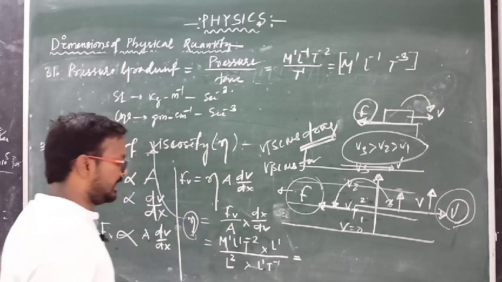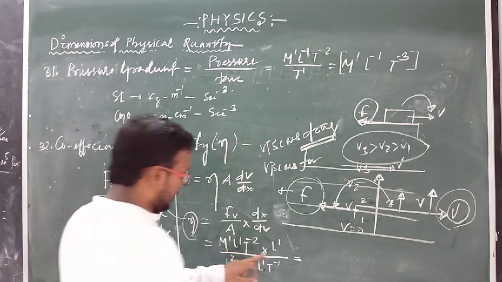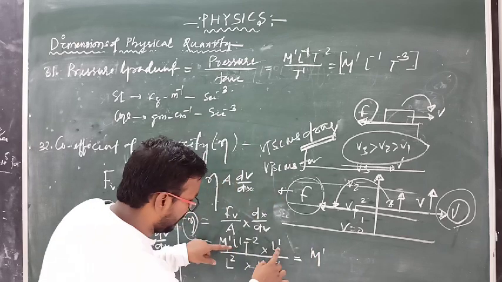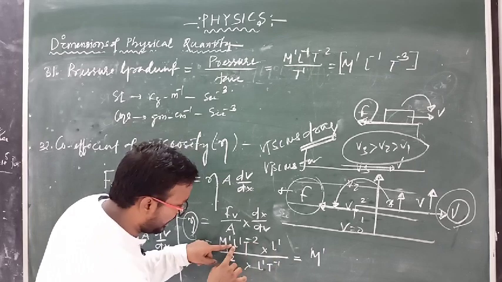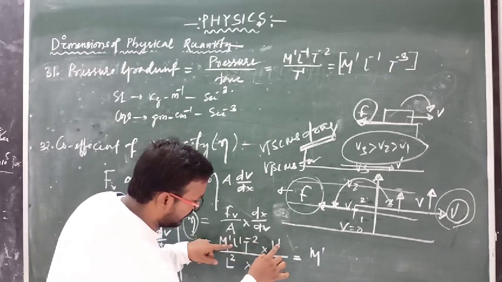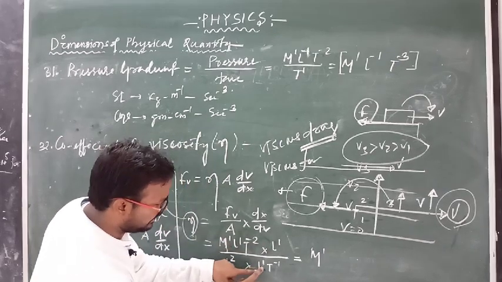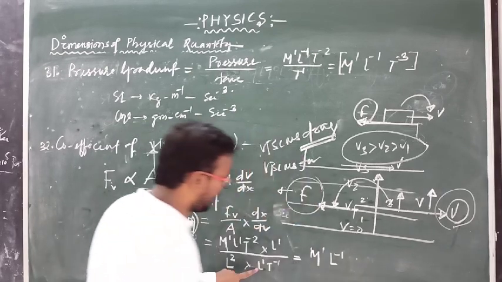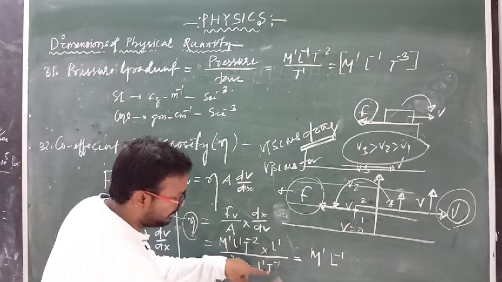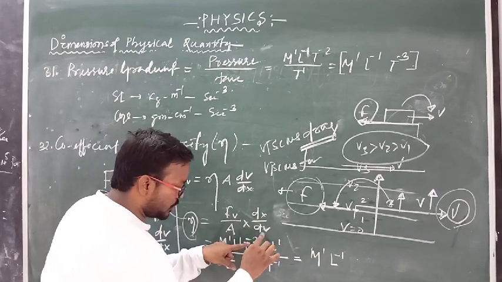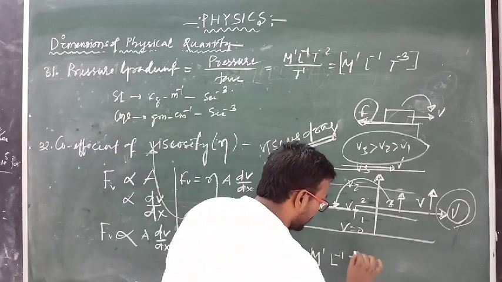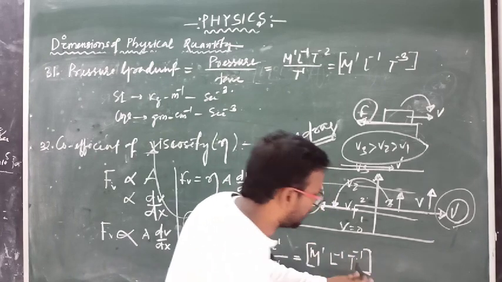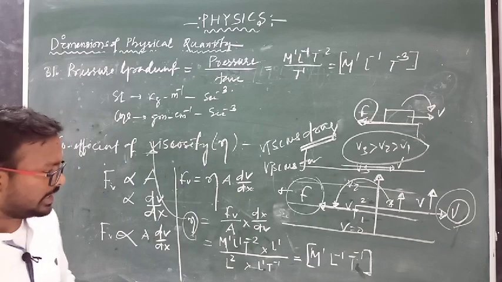If you solve this relation, you cancel the common L terms, the remaining part is L minus 1, and T: if we take it to the numerator, minus 2 plus 1 equals minus 1, so T minus 1. You have to remember this formula, this is an important formula, clear?